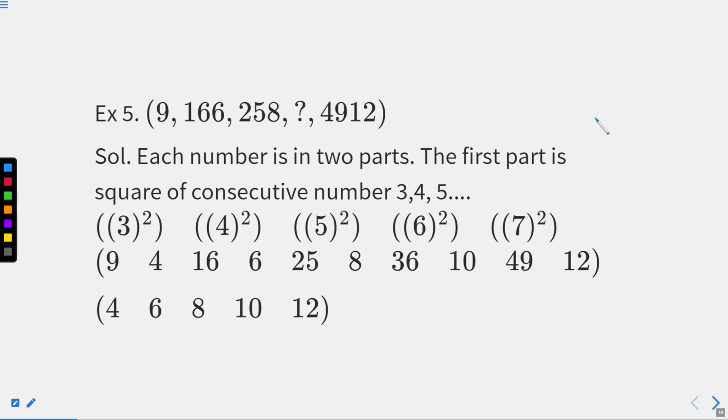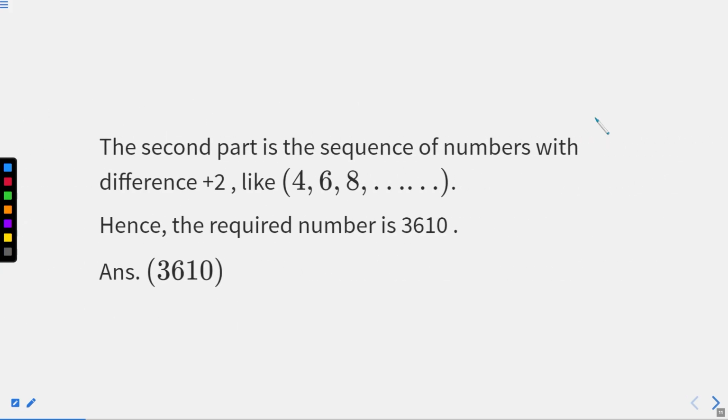In a similar manner, in the next term, we'll make the square of 5, that is 25, which is followed by a term 6 plus 2, that is 8. Again, in a similar manner, if we follow 6 square, that is 36, which is followed by a term 8 plus 2, 10. So the answer comes out to be 36, 10. I hope this is clear.